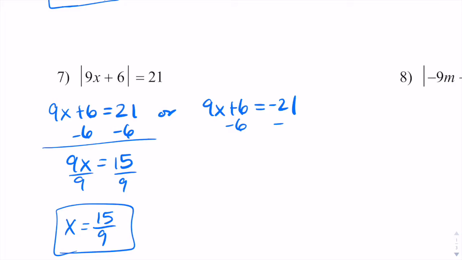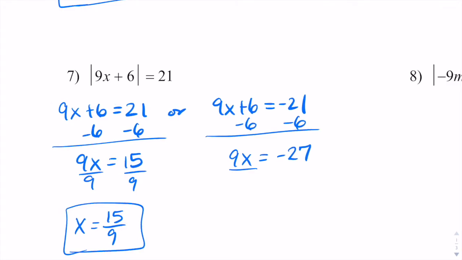Here, we subtract 6 from both sides, and 9x is equal to negative 27. We divide by 9, and x is equal to negative 3.